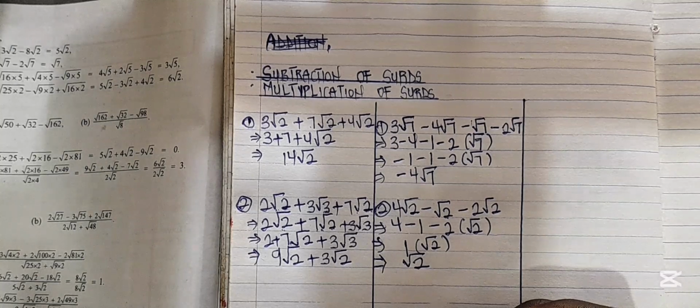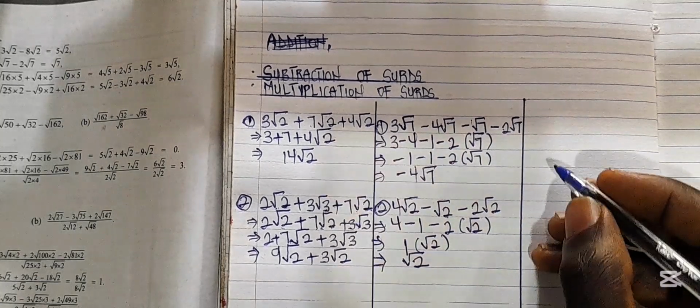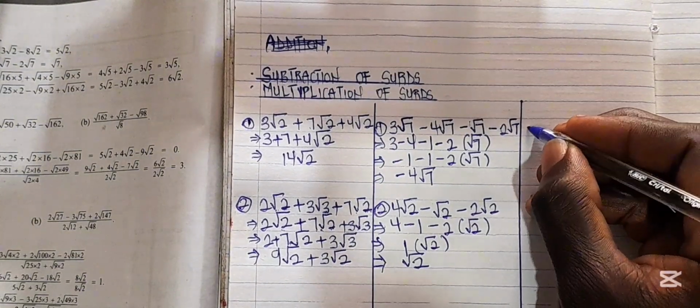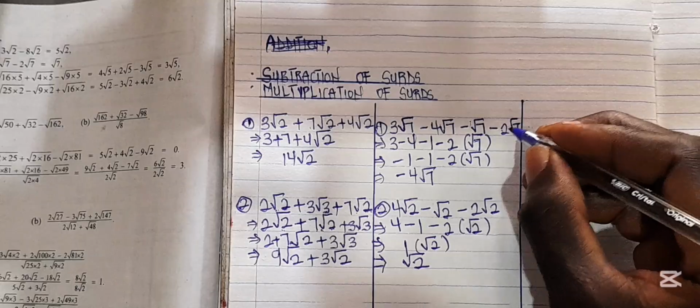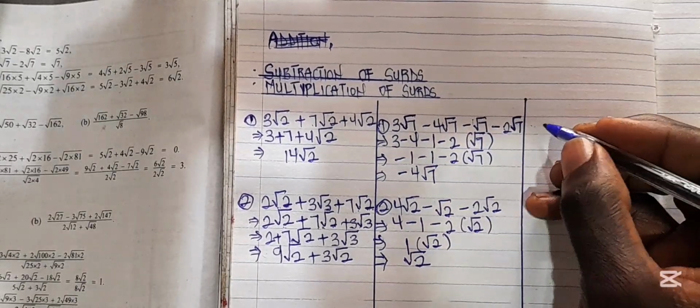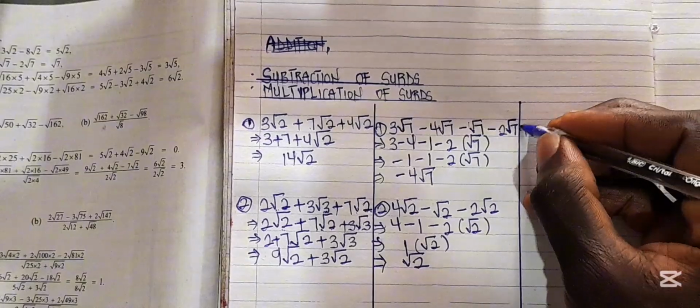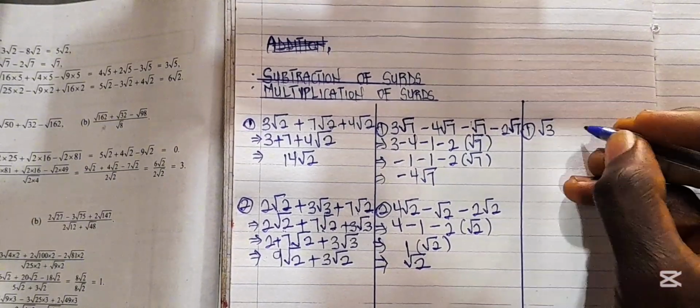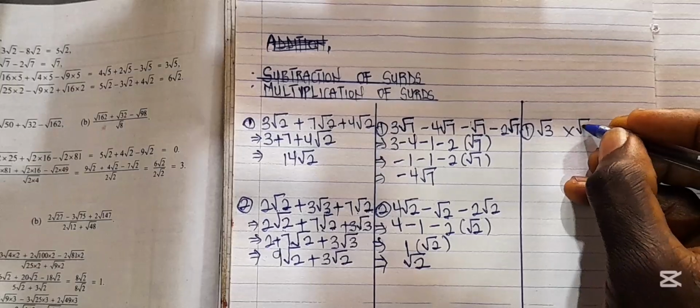Okay, so let's move on to the multiplication of the surds. The multiplication is a little bit different from the addition and the subtraction. Let's say our first question over here is root 3 times root 7.